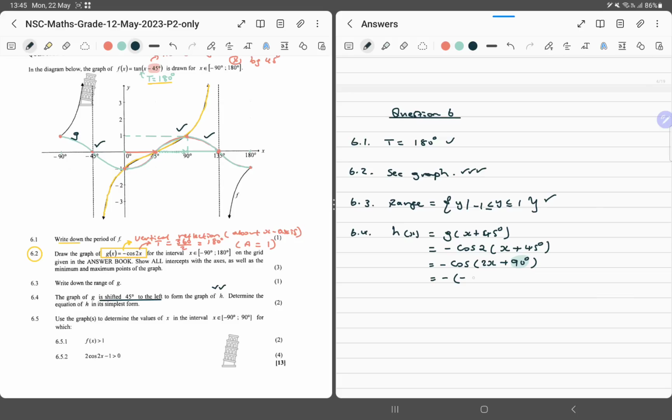The co-function of cos is sine, then it's going to be 2x, which is just going to be sine 2x. So a little bit of algebra, or trigonometric techniques, is important. Right, so that is cool.